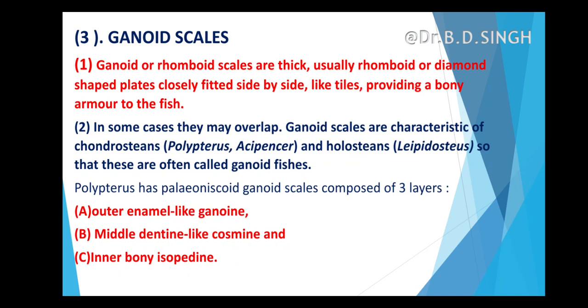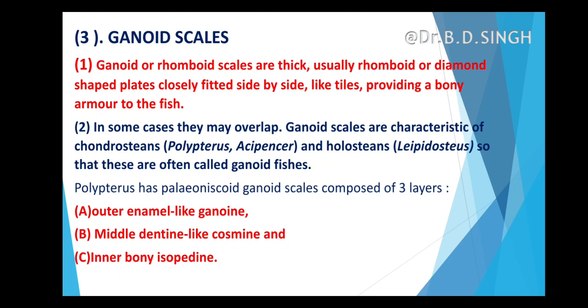Next, ganoid scales. The ganoid or rhomboid scales are thick, usually rhomboid or diamond-shaped plates and closely fitted side by side like tiles, providing a bony armour to the fishes. Point number 2, in some cases, they may overlap.